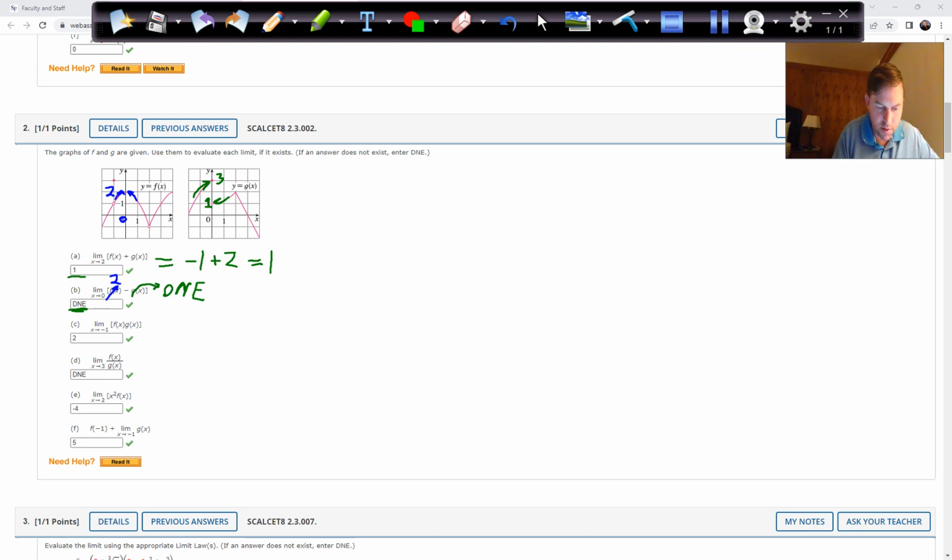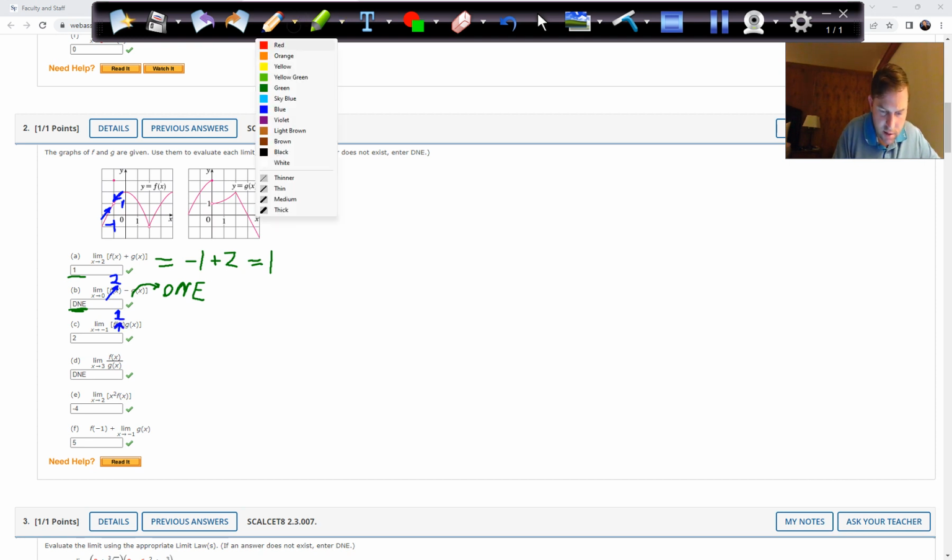Okay, for c, we're approaching -1, so we want to get to this line right here. And for f of x, as I approach from the left and I approach from the right, they are both approaching +1. So this f of x is going to be 1.